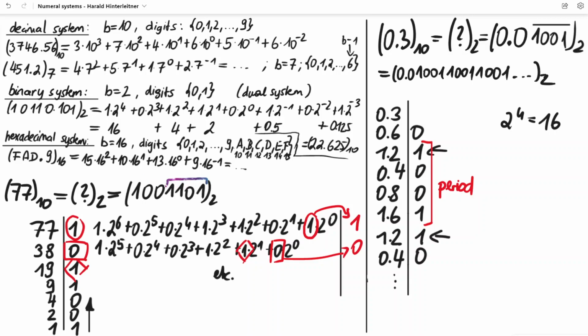So this is the first block of 4 digits. The next one only has 3. If you want, you can imagine here a 0 also. And how to convert it now into hexadecimal? The first number is 0100. So first you convert 0100. Where should I write it?